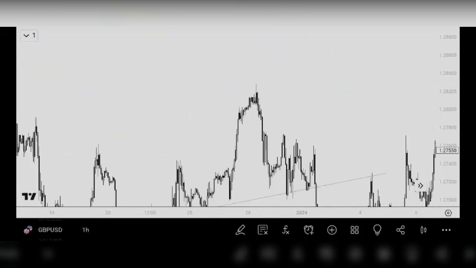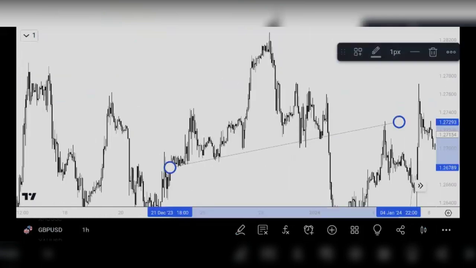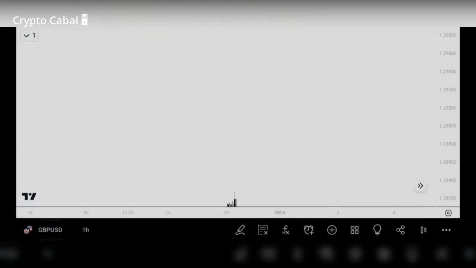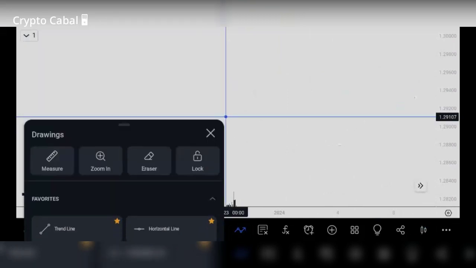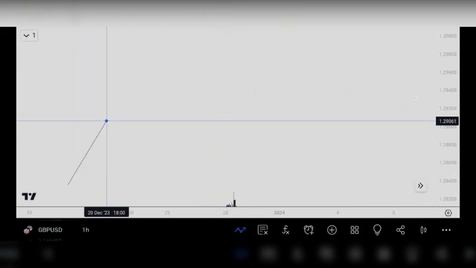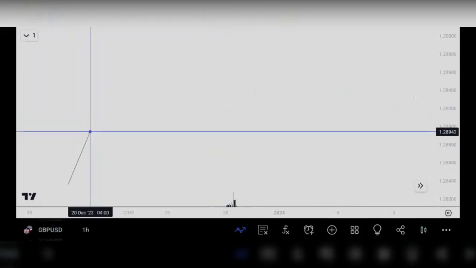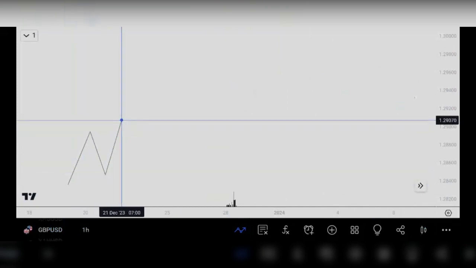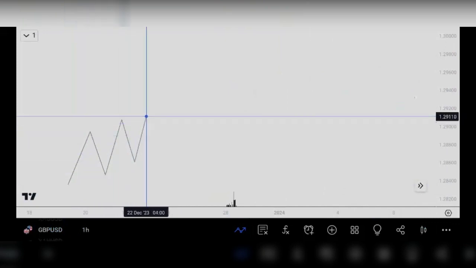Now, the next example is something simple. This particular method is called break and retest trend line. Yeah. Now, we also have the next one, which is called the reversal trend line. It's something like this. Price touched the first time, second time, and third time. Now look at this.